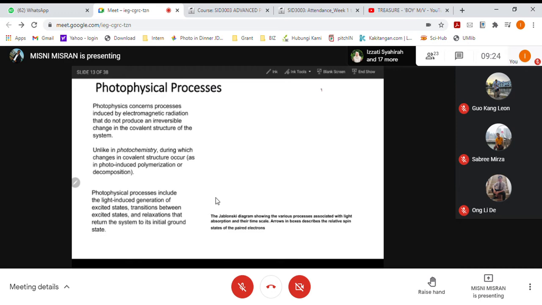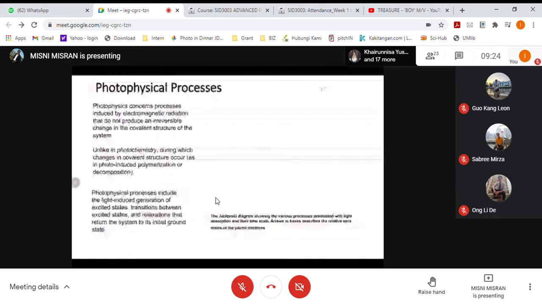Now, what is a Jablonski diagram? Now you should be able to draw a Jablonski diagram. Okay. Now, a molecule, right? An atom has a nucleus and you have electrons, isn't it? Orbiting about the nucleus. Right?